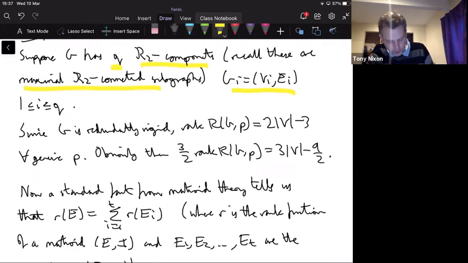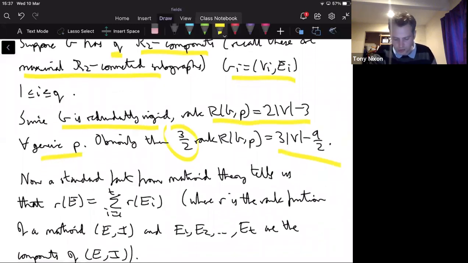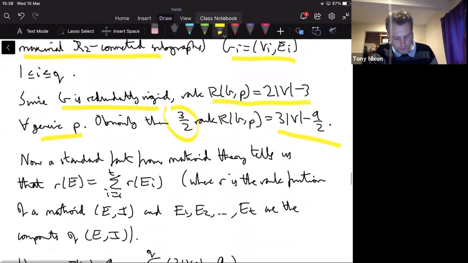Here's an obvious statement to get us started. Since I'm redundantly rigid, the rank of the rigidity matrix is full. It's equal to 2v minus 3 for any generic p. And now I'm going to multiply that by 3 over 2 to turn 2v minus 3 into 3v minus 9 over 2. You'll see that this helps the calculations in a moment.